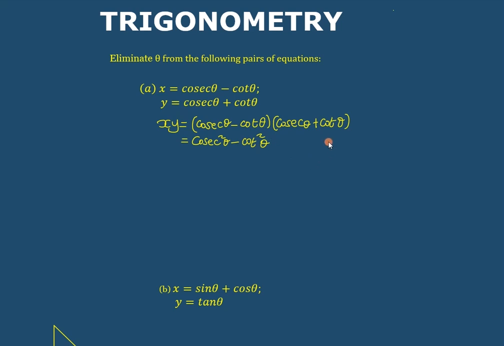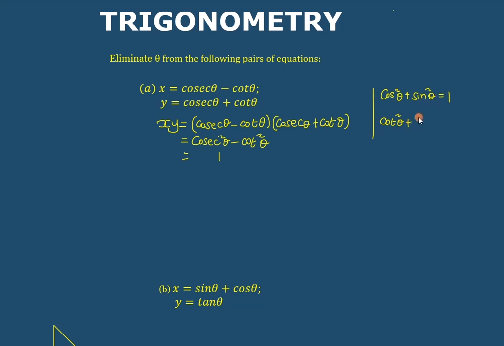that. And what can we say about cosec squared theta minus cot squared theta? That one is equal to 1. It comes from the fact that cos squared theta plus sine squared theta equal to 1. When I divide through by sine squared theta, cos squared theta divided by sine squared theta, I get cot squared.